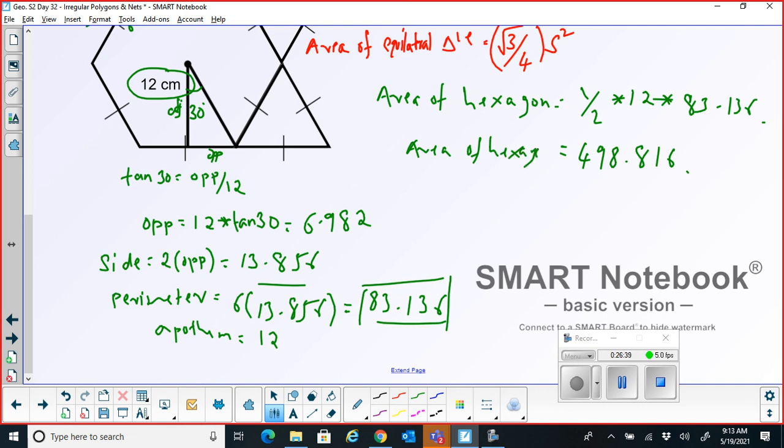I hope you are clear with this. Then next we are finding the area of the equilateral triangle. I said we could use this formula, root 3 over 4 times s squared, where s is the side, which is congruent to the side of the hexagon, and we found the side of the hexagon to be 13.856. So this is 13.856 for each of these sides.